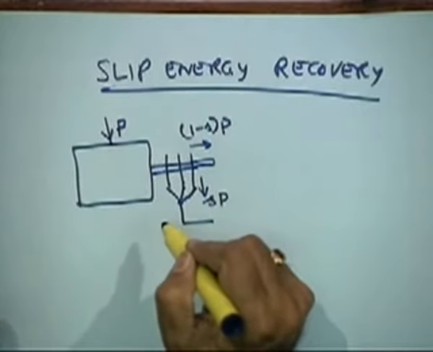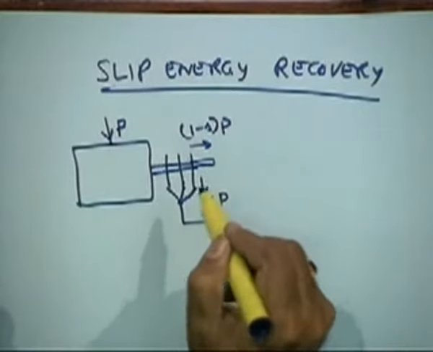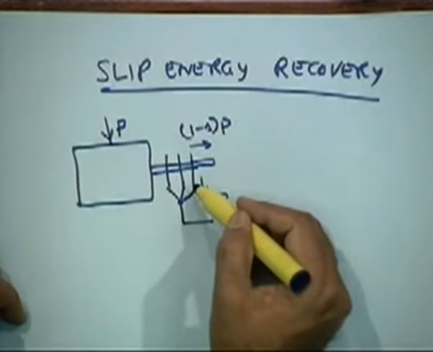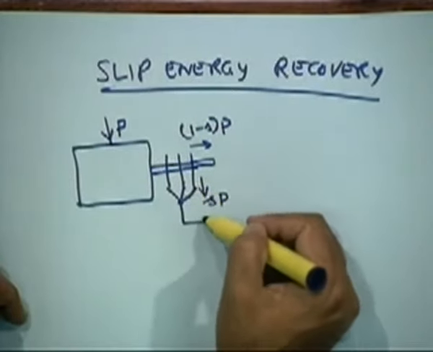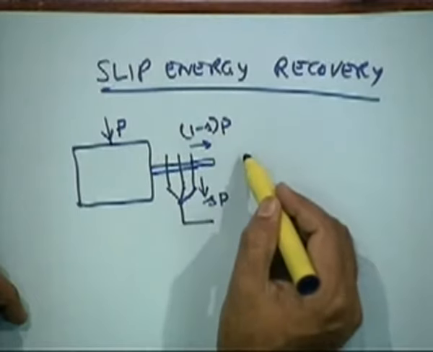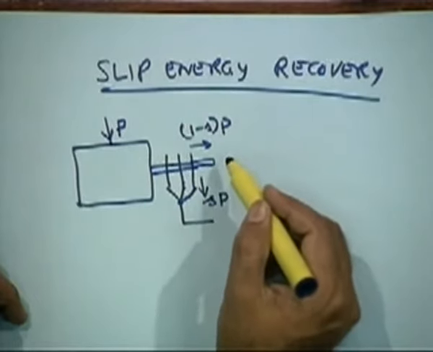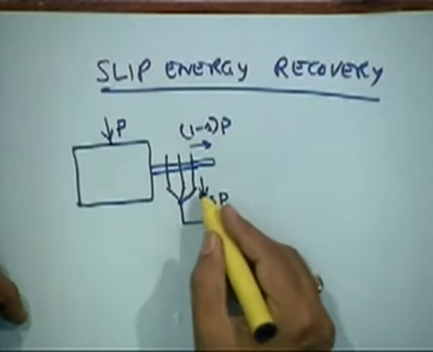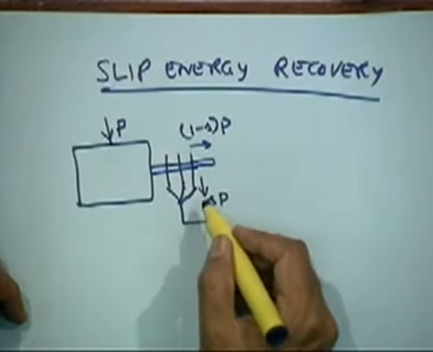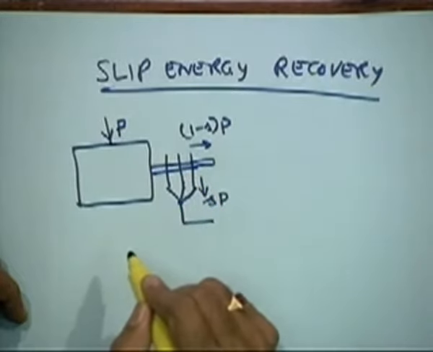If it is running at 20% speed, then one will be 80% and another will be 20%. So if slip S is 0.2, then 20% goes here and 80% goes here. If S is 0.3, 30% goes here and 70% goes here. Therefore, can we recover whatever is the slip power?